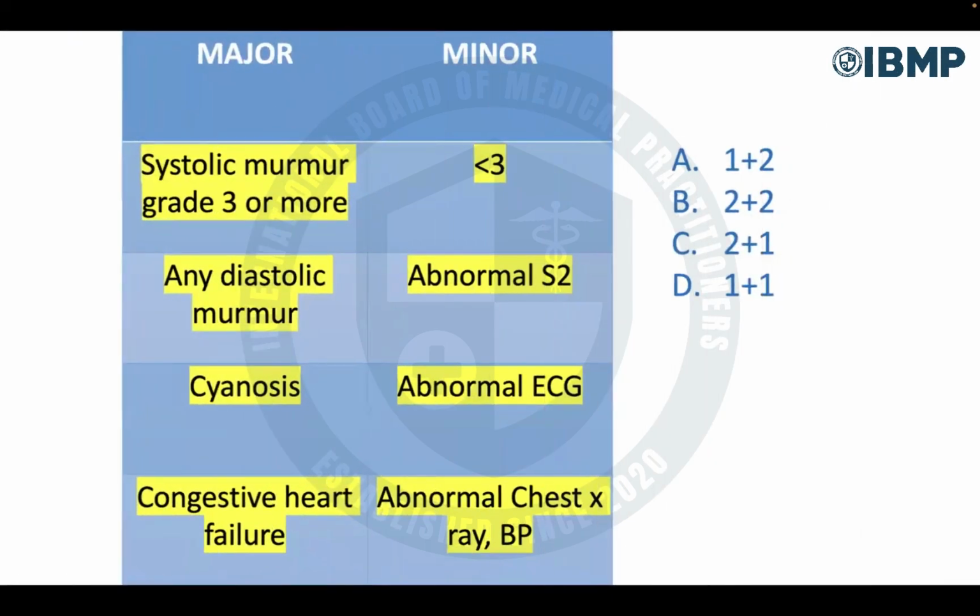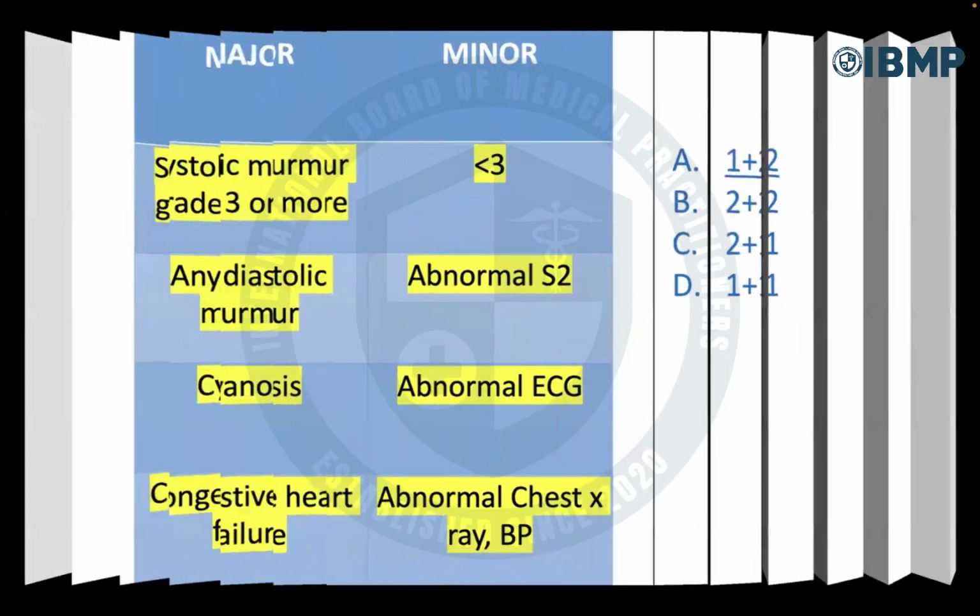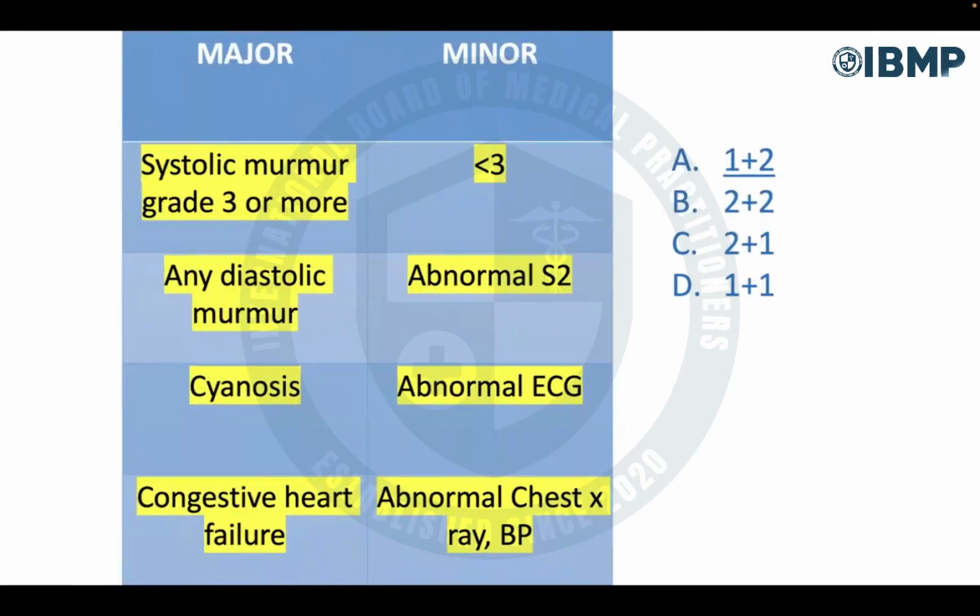One question they ask in exams is how many major and how many minor criteria we have in NADA's criteria. Remember, one major plus two minor criteria, if present, then I will say this patient has a congenital heart disease. That's also an important point for exams.